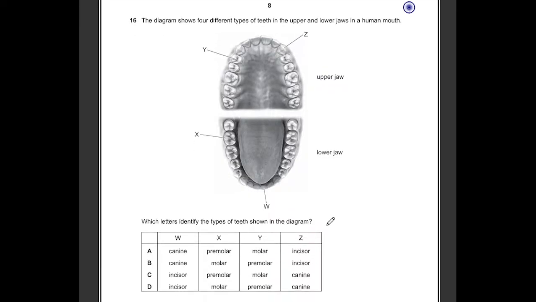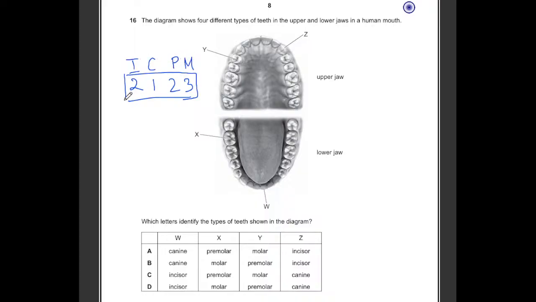Now the 16th one. The diagram shows 4 different types of teeth in the upper and lower jaw in a human mouth. Which letter identifies the type of teeth shown in the diagram? Now, upper jaw, lower jaw. Please remember the dental formula, 2123, 2123.